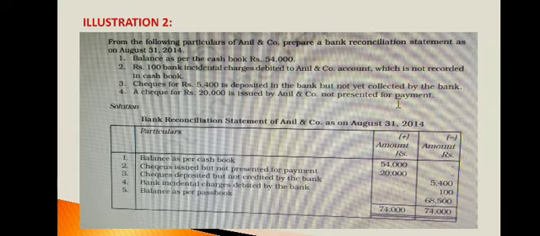Then the next one is checks for rupees 5,400 deposited in the bank but not yet collected by the banker. Here 5,400 rupees worth of checks were deposited in the bank. As soon as we deposit the check, we record it on the debit side of the cash book, that is, we increase the amount, but the banker will increase the amount only when it is collected.